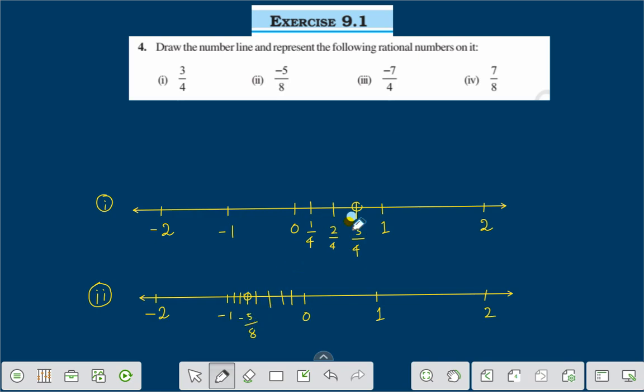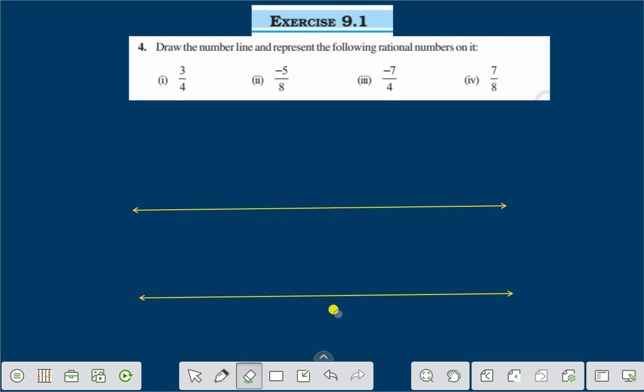Now we'll solve question number 3, that is minus 7 by 4, right? Let us find minus 7 by 4. We'll take another line. That is question number 3.